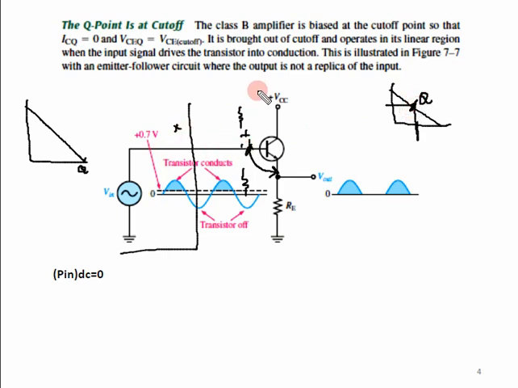Now in this scenario, for the class B case, there is no R1 and R2 present at the base.